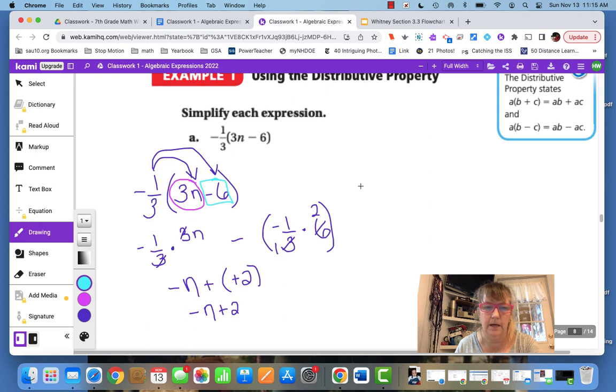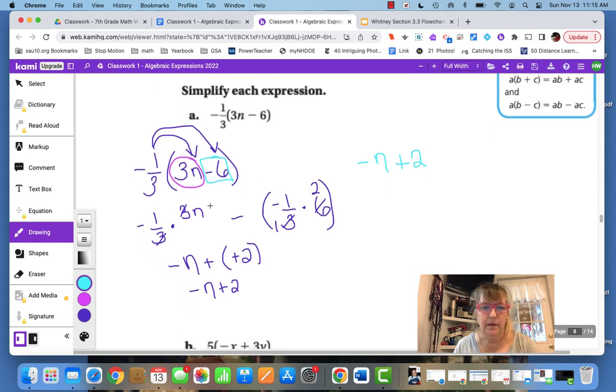This becomes negative n. And the negative 1/3 times negative 6 becomes a positive 2. So that's a simpler way to think about it so that you're not going through all of these steps. But really, we did all of these steps. We just talked about them and did them all in one step.